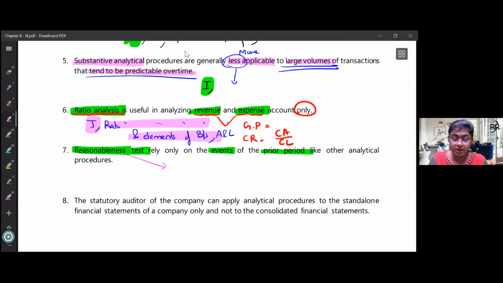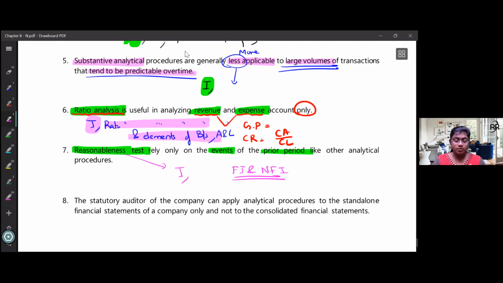Reasonableness check compares the relationship between financial and other non-financial information. So answer is incorrect. So you will write in reasonableness test, it not only relies on prior period but also checks financial with other non-financial elements.